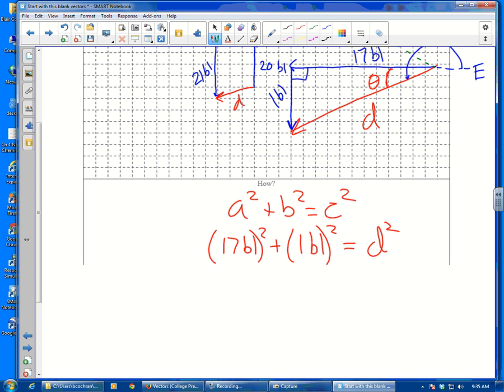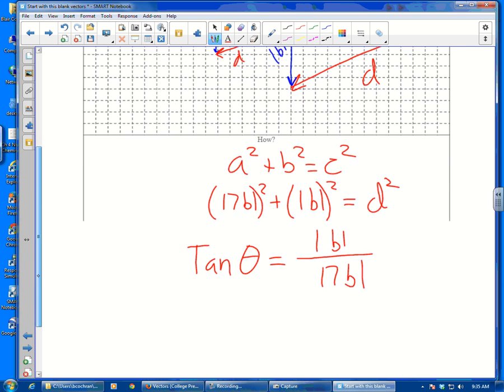I want to do opposite over adjacent is the tangent of theta. So the tan of theta equals the opposite side, in my case 1 block, over the adjacent side, 17 blocks.